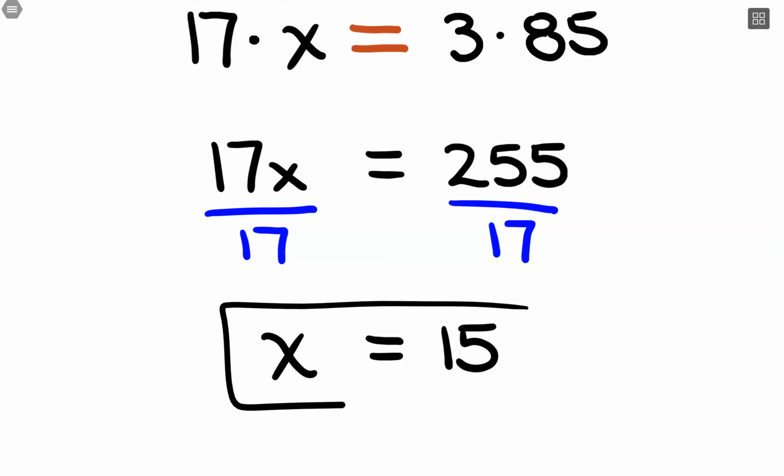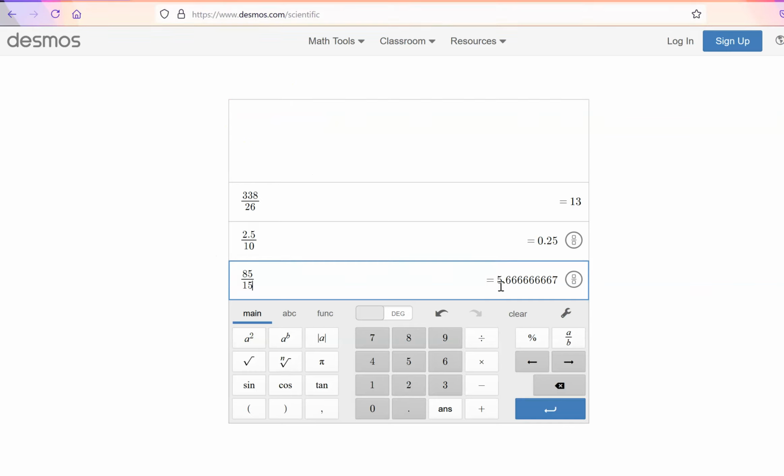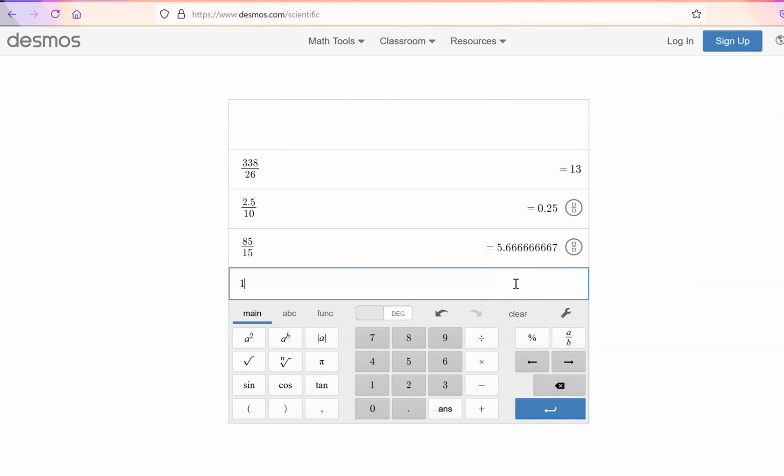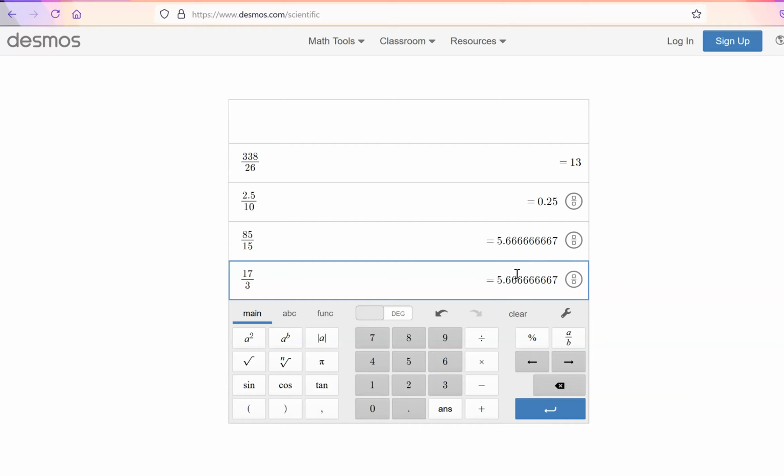And this is solving equations, so you could check your answer. So we could check, is 17 thirds equal to 85 over 15? And we can use the calculator here. So if I type in 85 over 15, you can see I get this decimal out, which doesn't help me, although you could type in 17 thirds and see they're exactly the same in decimal form.